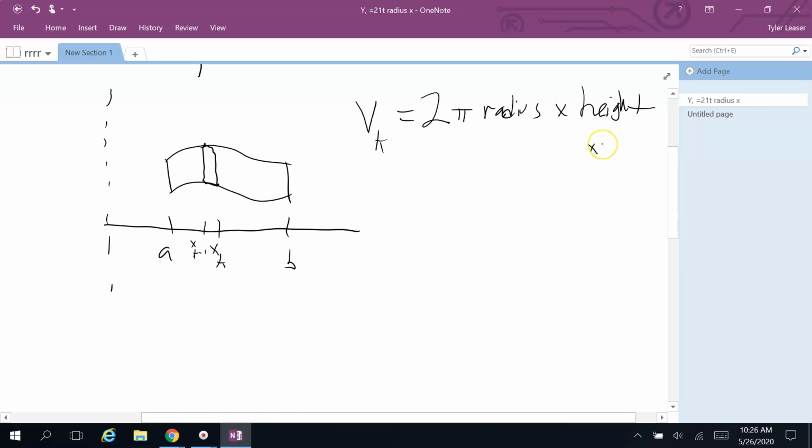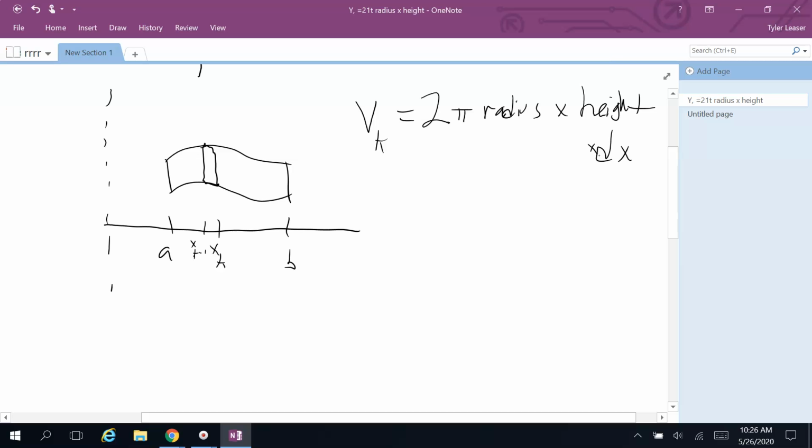That's times, what am I missing, this little tiny distance that's the depth of the slice, which we label dx, because these slices are supposed to be infinitesimally small. So the volume of one slice is 2 pi, the radius of that slice, the height of that slice, and the width, dx.